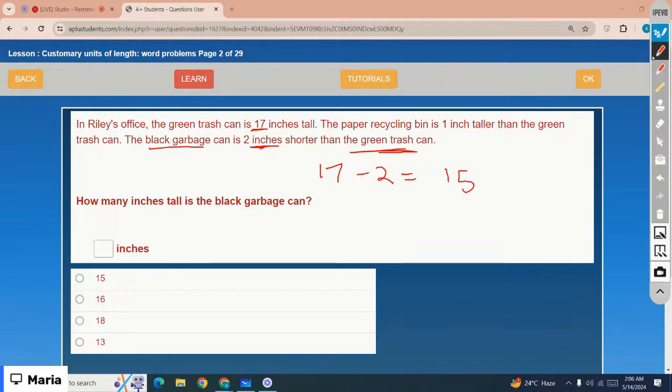That means the black trash can is 15 inches tall, right? Correct option is 15 inches.